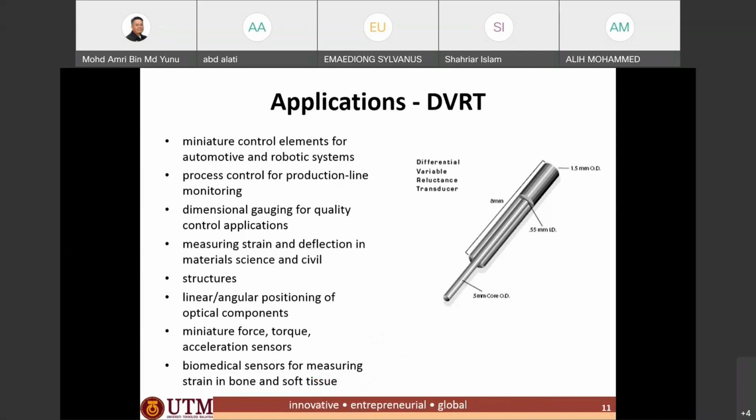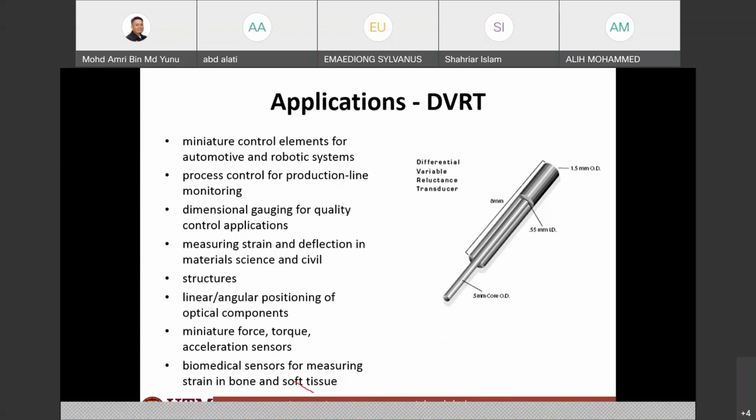So let's say in the application of removing a tumor, the surgeon can identify the surface that needs to be removed, so that there will be no unhealthy tissue left during the operation.